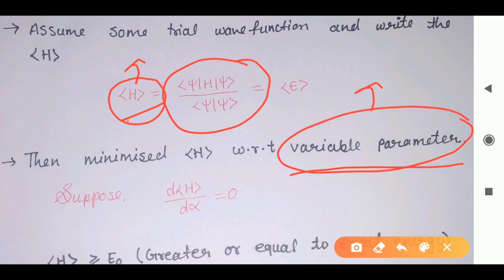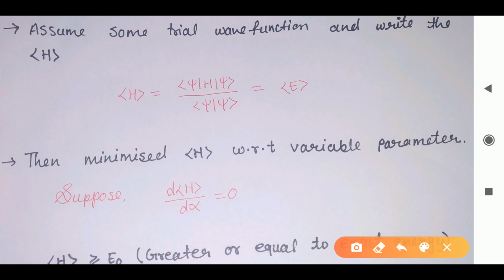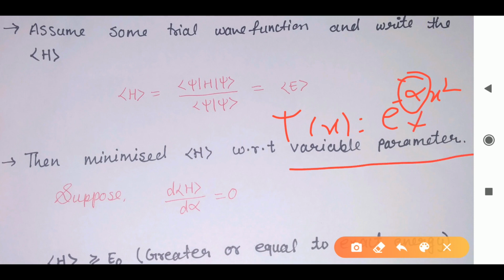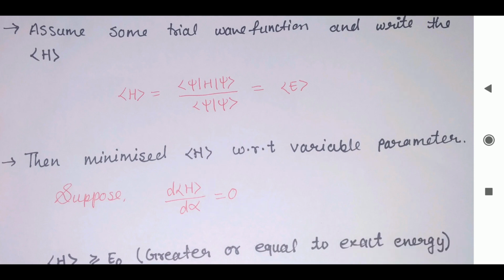For example, suppose we have a trial wave function psi of x equals e raised to minus alpha x. Here alpha is known as the variable parameter. With respect to this we get the value of minimum energy, that is, we minimize this by putting the derivative equal to 0. This is the second step.